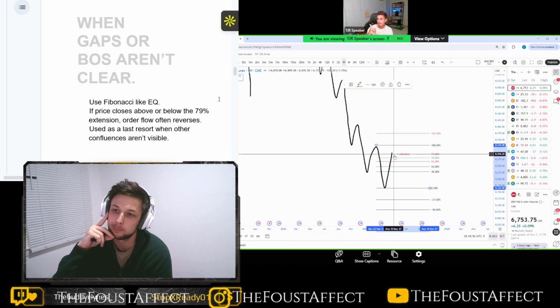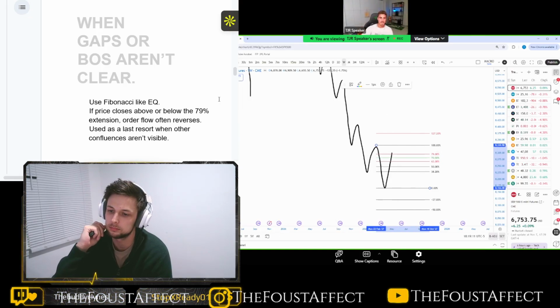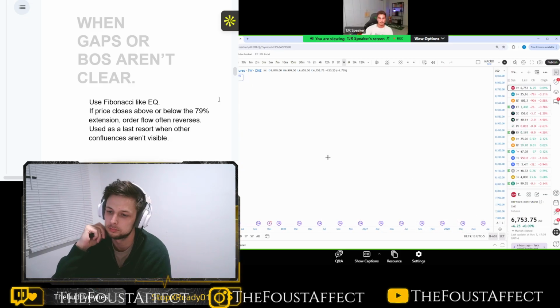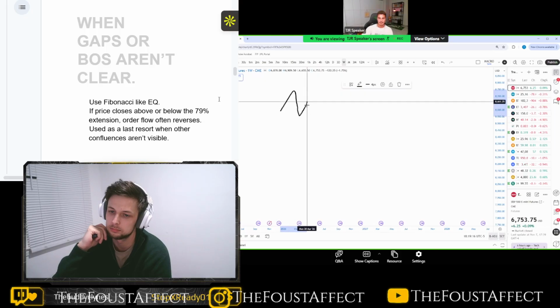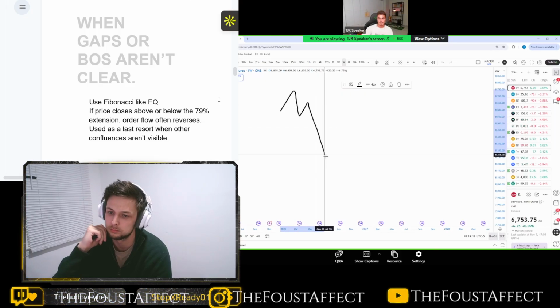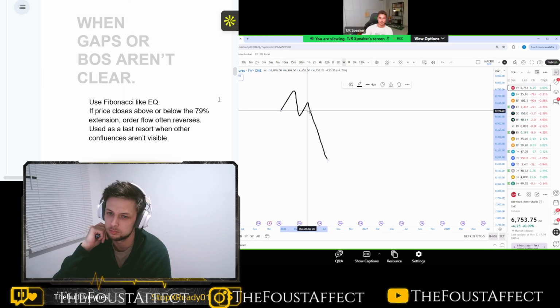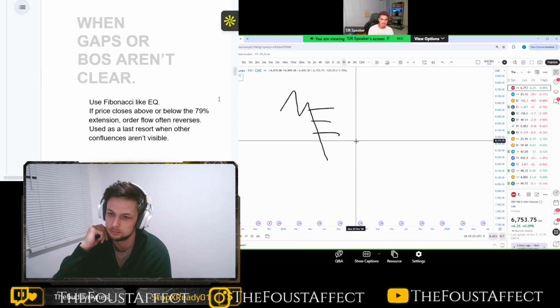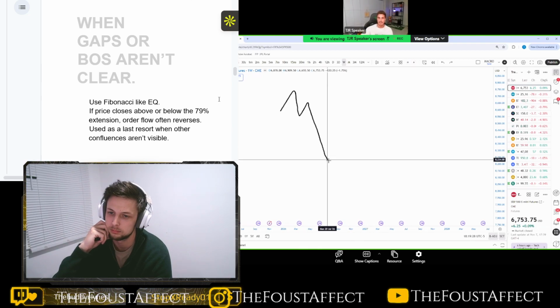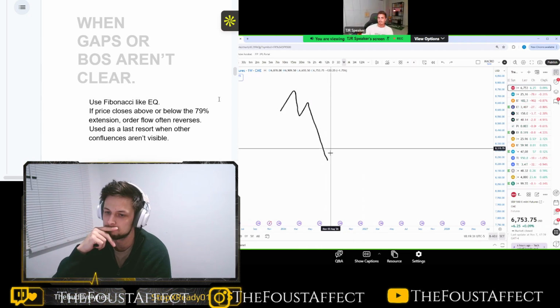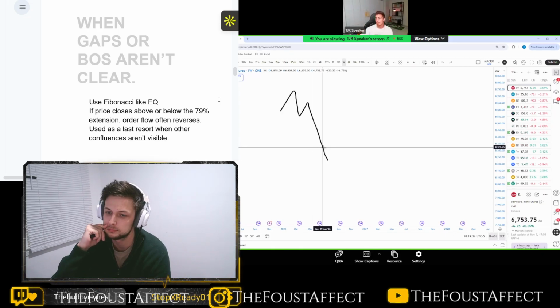So if there are no potential inverse fair value gaps in sight, and if the high or the low for price to break structure is super high up or super far down, so let's say that we're in a downtrend, and the swing down is all the way down here. And for whatever reason, there are no fair value gaps throughout this entire leg down, to give us an advantage to be able to look for an early entry, or an early sign that we're actually going to change direction.